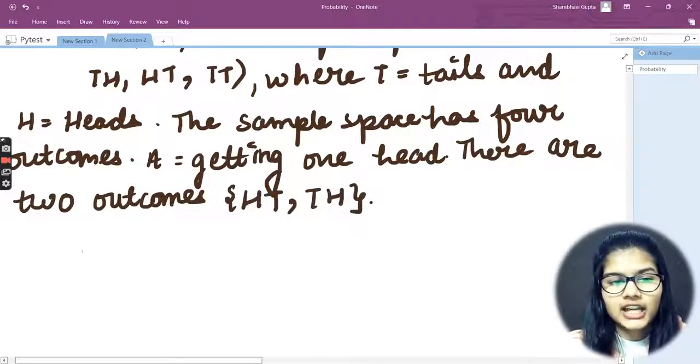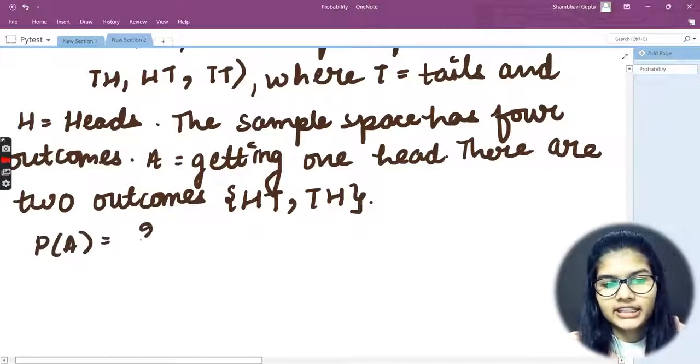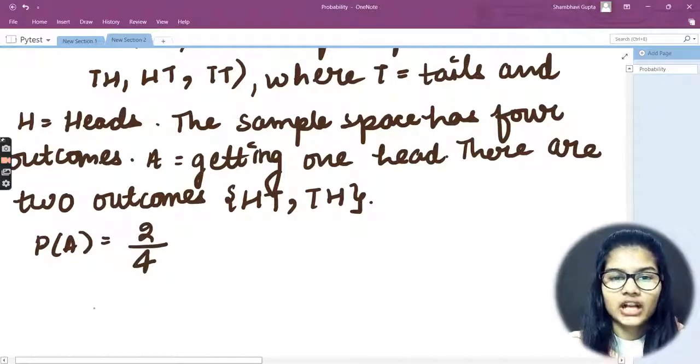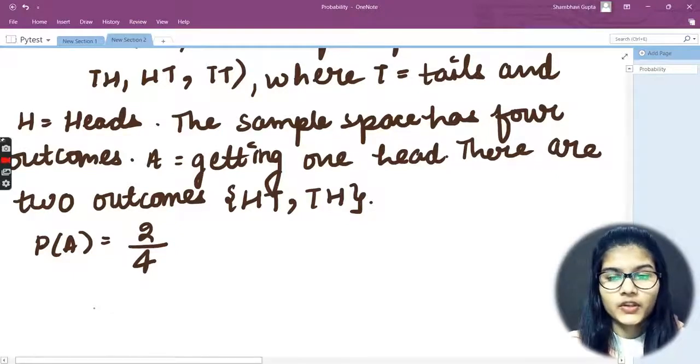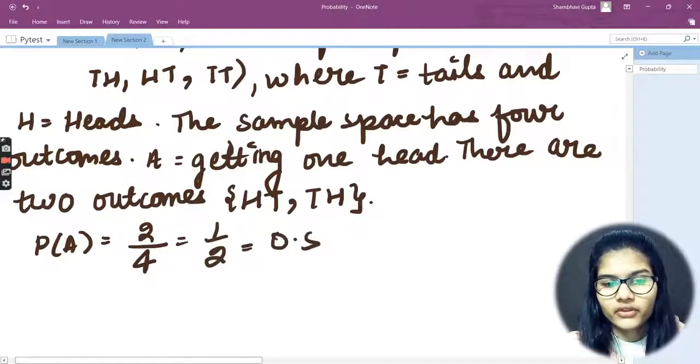So the probability of A is equal to 2 by 4, because in total we had four outcomes, and from those four outcomes two have one head: head tail and tail head. So 2 by 4 is equal to 1 by 2, and that's equal to 0.5.